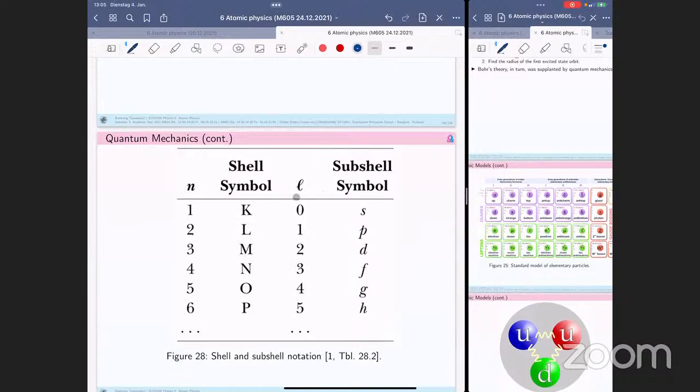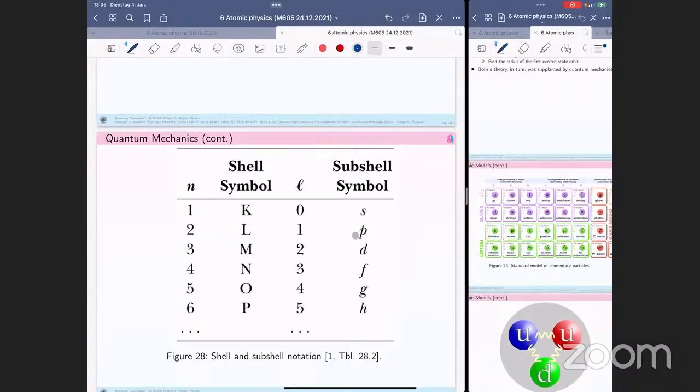And for L, right? L could be any value less than n. L is also an integer, a positive integer. It's not negative, right? But ML could be negative. For L, if they say small s, small s represents L equal to 0.